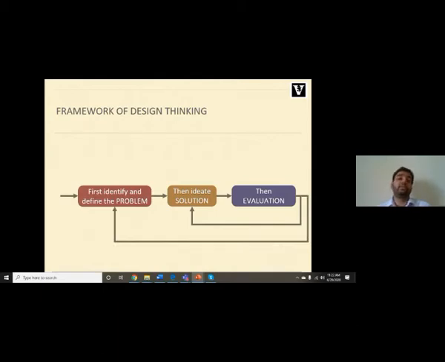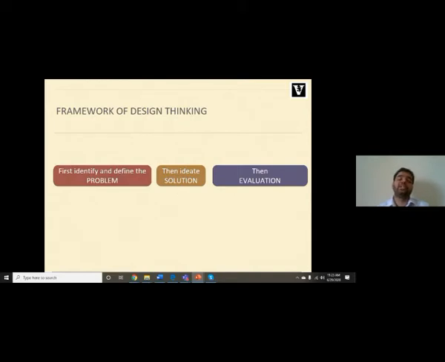Or after evaluation, we can also come to the conclusion that it's not just the idea that we may need to modify, but it's also the problem that we may have to identify again, because evaluation will involve more of our users taking part in using our product, and observing the behaviors of those users may inform us that this problem definition needs to be further broken down and redefined, and maybe we have to solve some even more granular problem than what we are solving right now. So problem definition, solution ideation, and evaluation, and it can loop back.